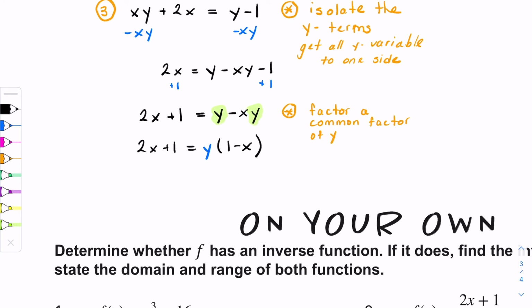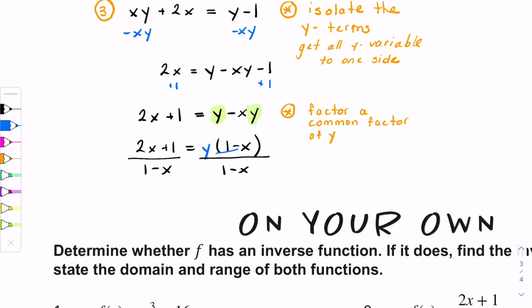I'm still solving for y, so in order to isolate y, I'm going to divide both sides by 1 minus x, and that is going to eliminate my value of 1 minus x on the right side. So at this point, I'm left with y equals 2x plus 1 over 1 minus x. Just note that I switched the side of the equal sign that the y variable was on, but it's still the same expression as the step before.